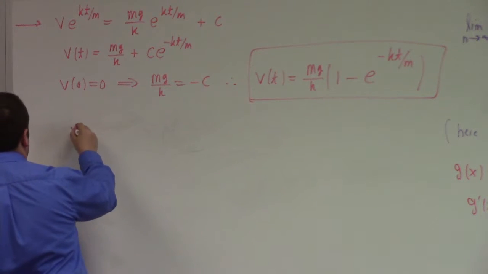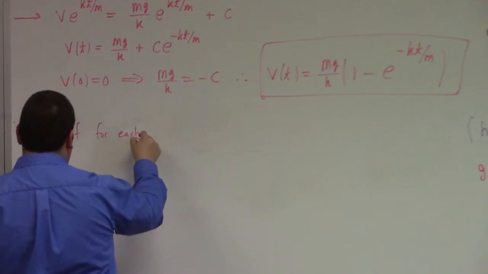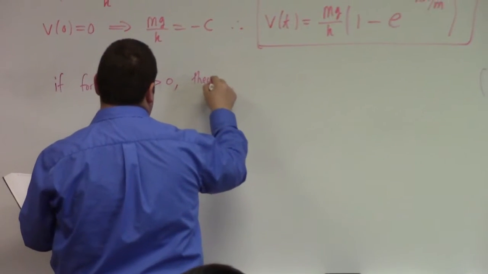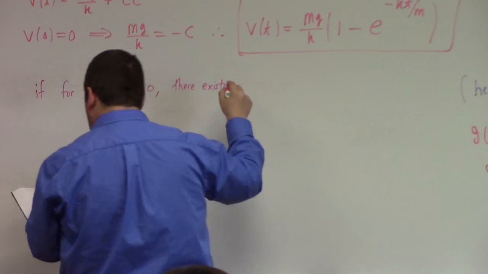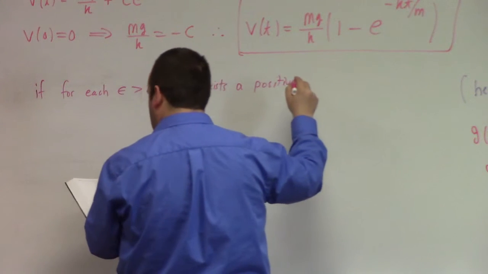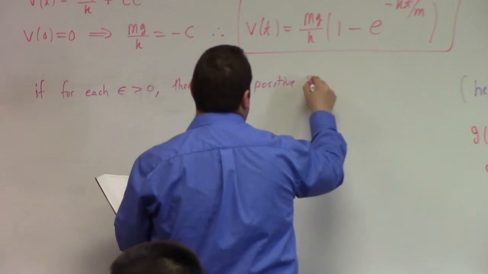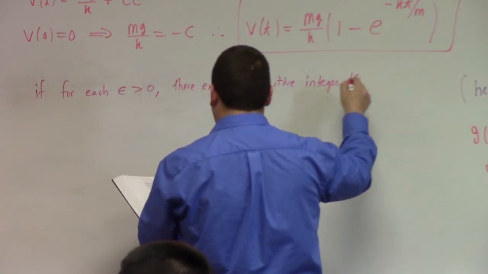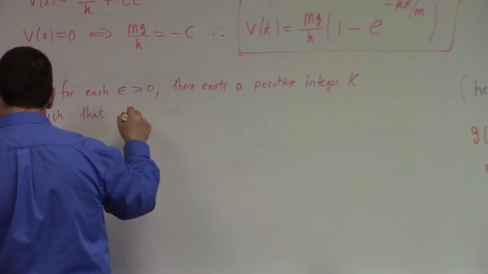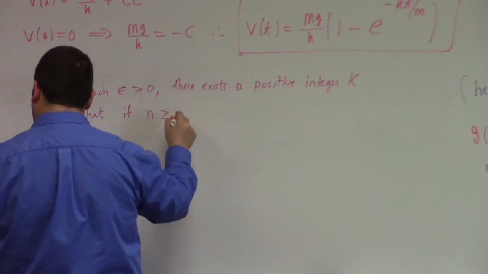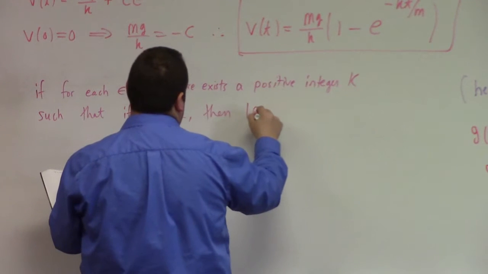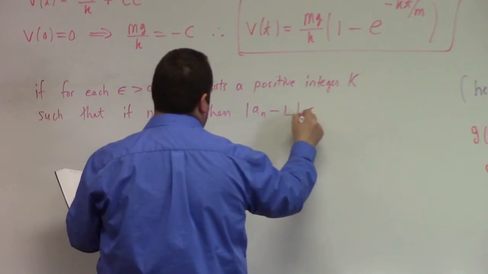If for each epsilon greater than 0, there exists a positive integer k, such that if n is greater than or equal to k, then the absolute value of a sub n minus L is less than epsilon.